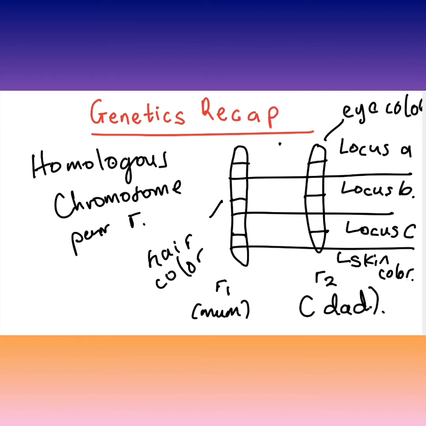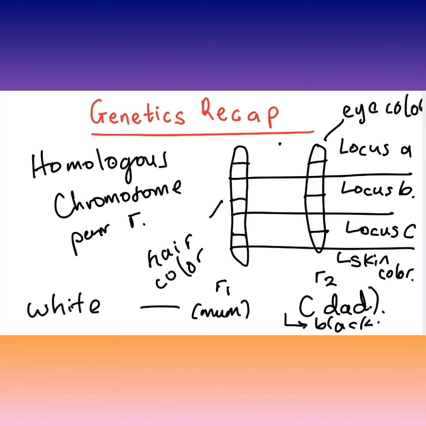But now this is the interesting thing. So let's say, for example, R1 mom is white or Caucasian and R2 dad is black from Africa, like myself.